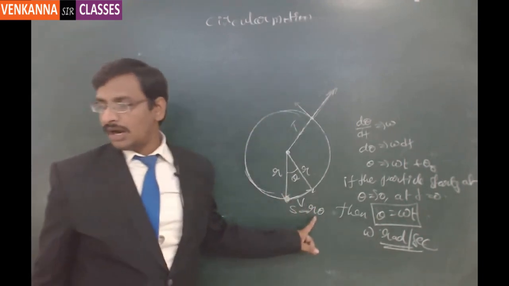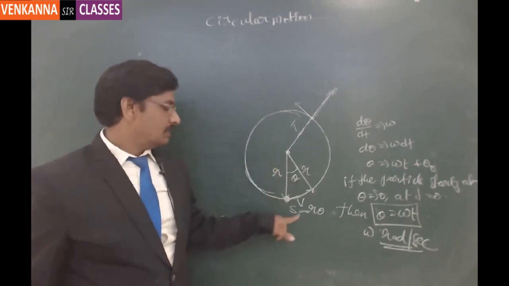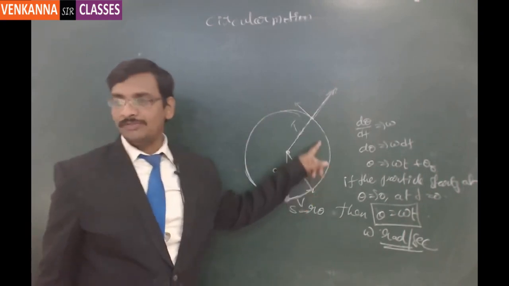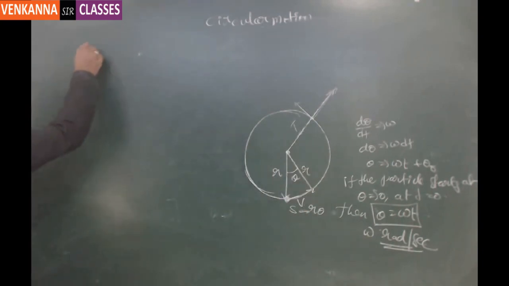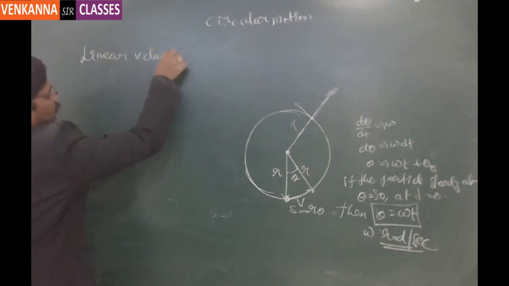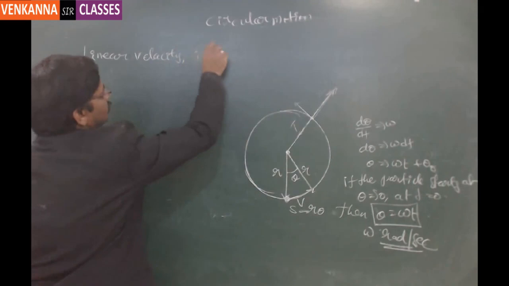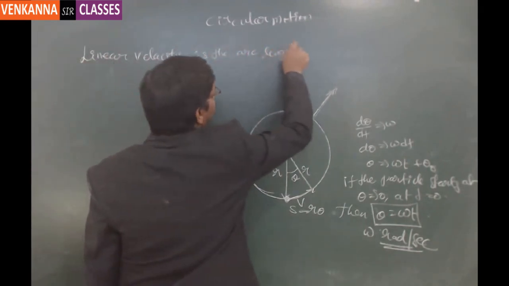S is equal to r theta, and the rate of change of arc length is nothing but the velocity on the periphery, which we call the linear velocity. So linear velocity is the arc length rate of change.